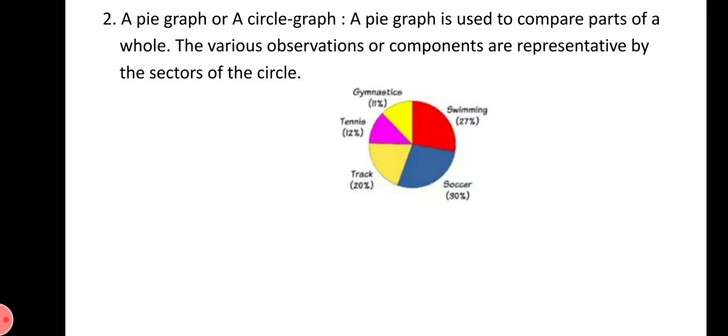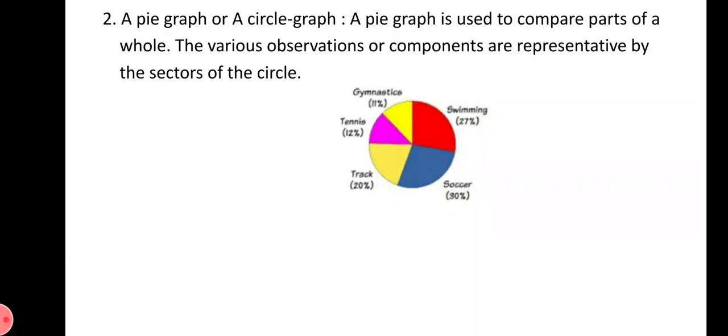Sorry, track is given as 20%. In all, 100% is given, and from that we can find the fraction and the central angles, and this way we can represent a pie graph.